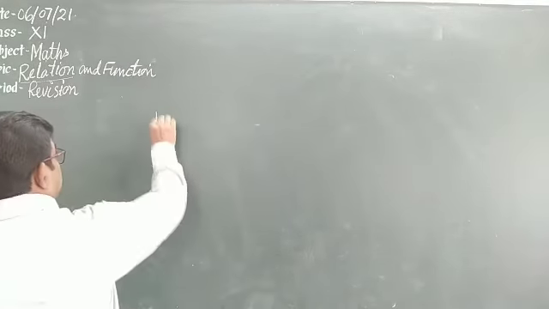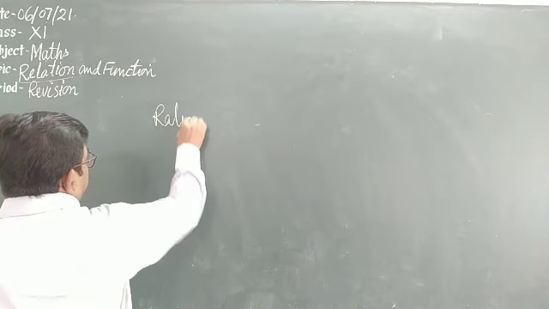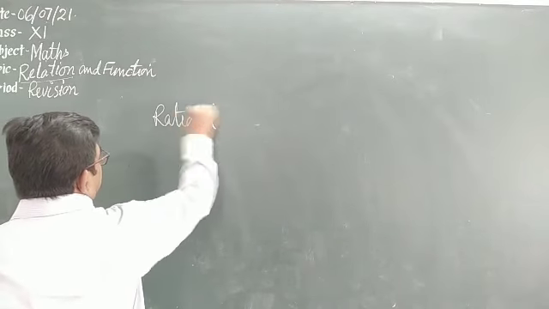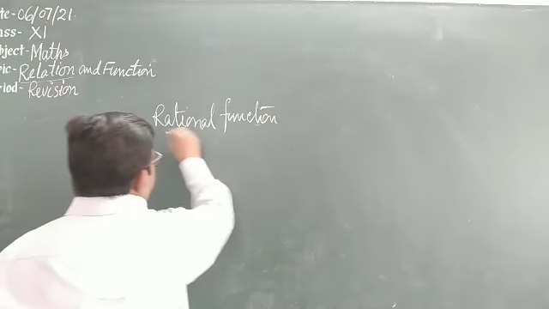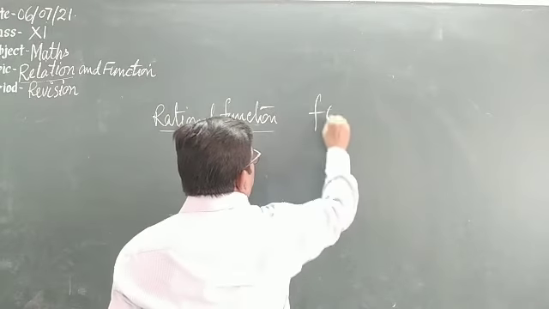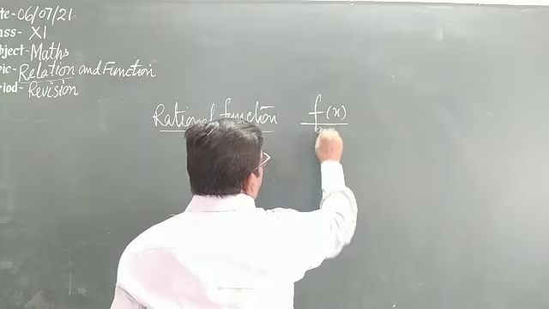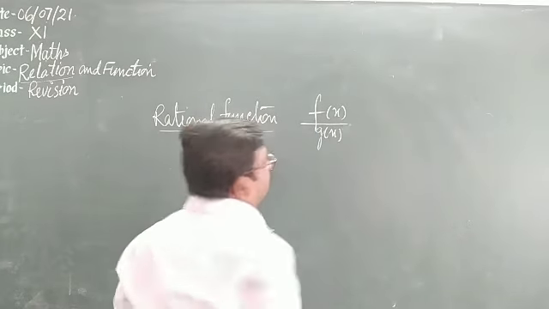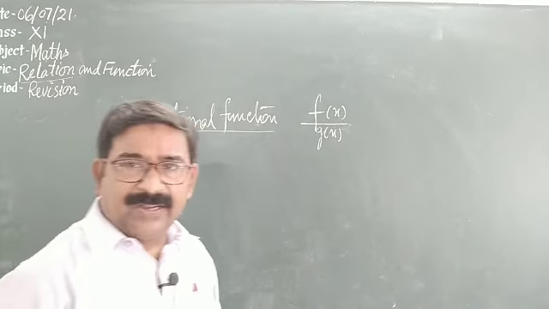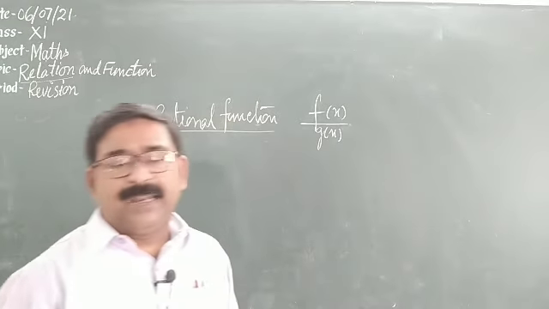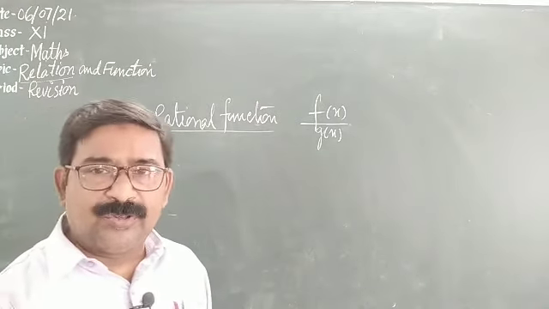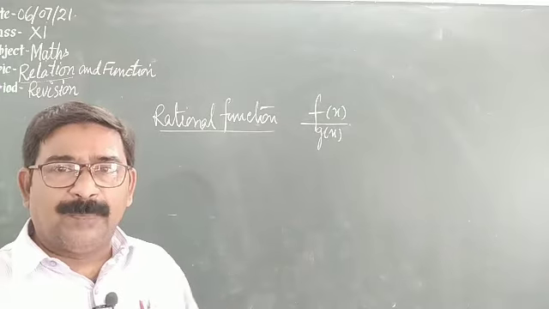A rational function is like f(x)/g(x). It is just like a rational number. Define a rational number: a number which can be written in the form p/q, where q is not equal to 0, and p and q are co-prime integers.